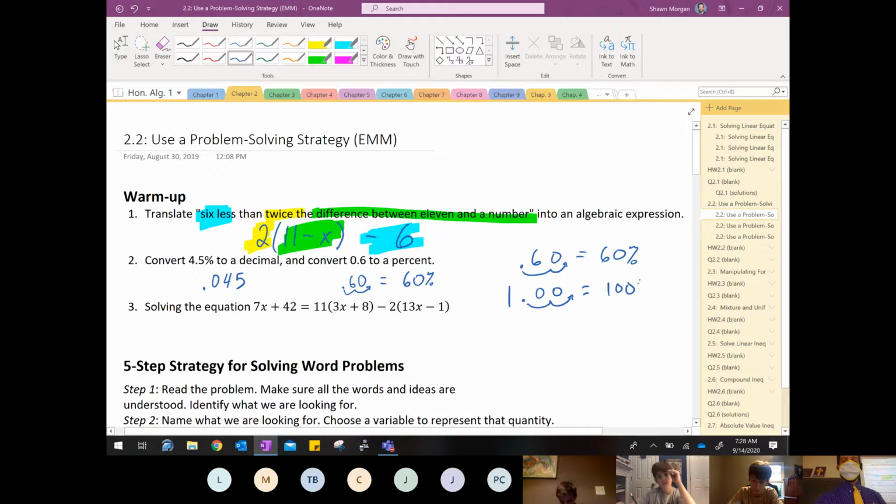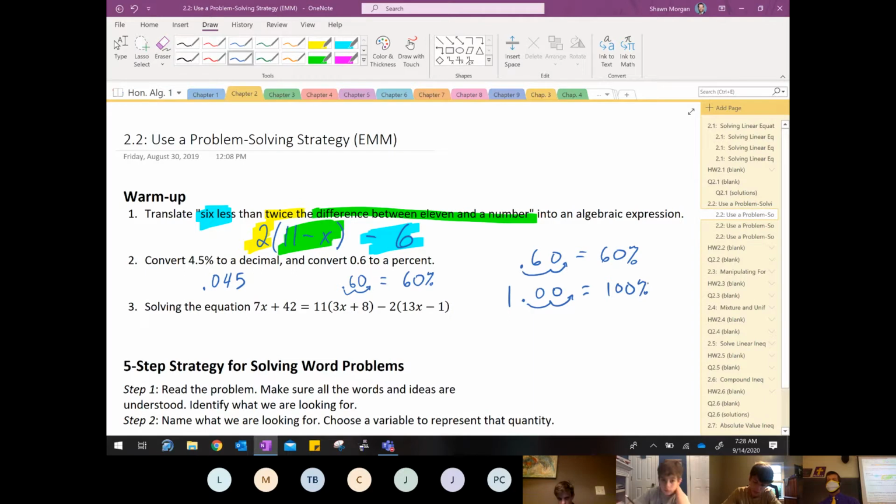Good. That's a good little reminder for us, isn't it? That 1 equals 100%. Anything less than 1 is less than 100%. Anything more than 1 is more than 100%. So if I had 1.5, you guys would say that's what? 150%. Okay, so remember, being able to convert back and forth between decimals and percents is an important skill.